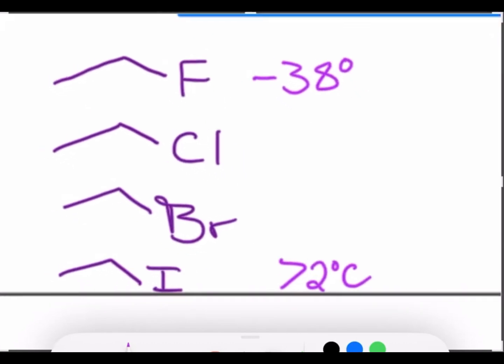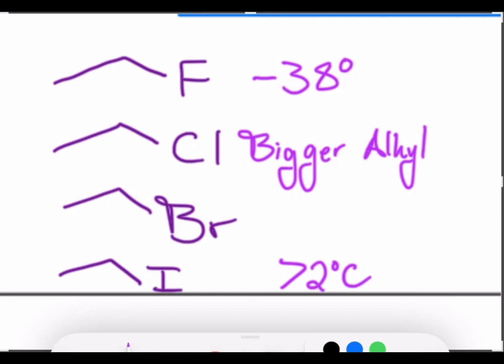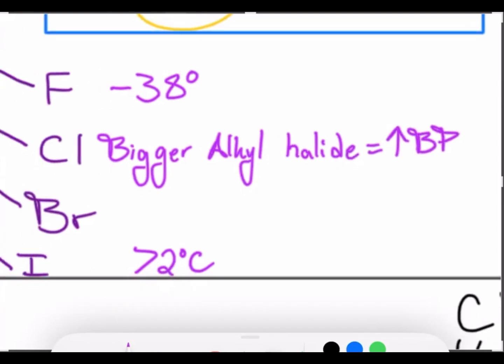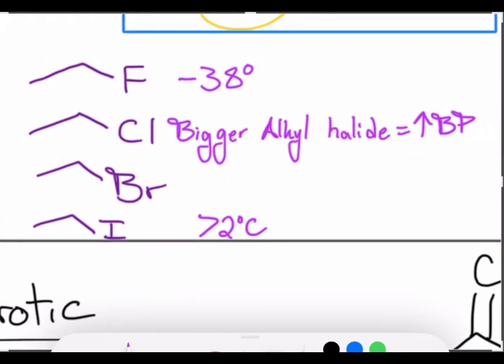So the bigger the alkyl halide, the higher the boiling point. Alright, so now you can get a clear look at that.